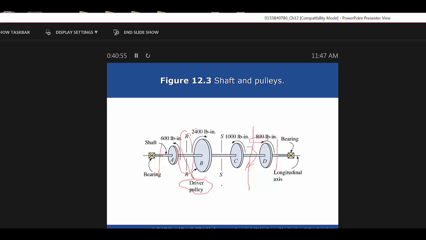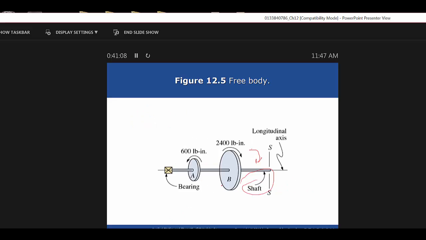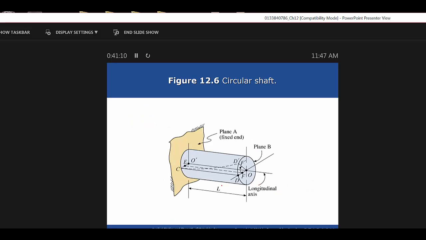As far as, okay, if I can figure out what kind of forces are acting on those pulleys, then I can go back and figure out what the shaft has to do to overcome that. Well, then you start getting into, well, that's a little bit down the road, I think. Yeah, let's see.